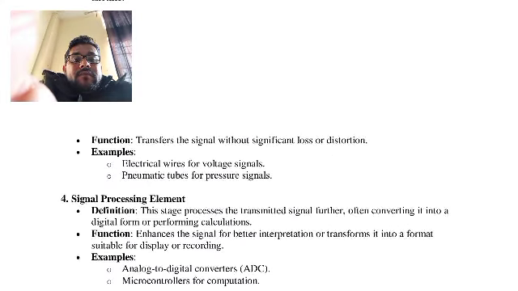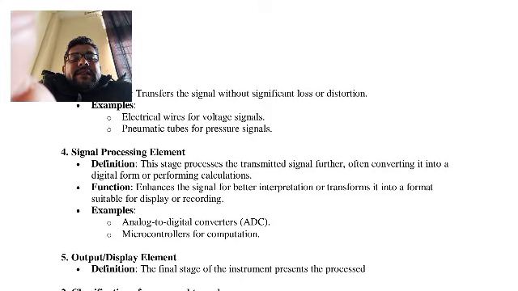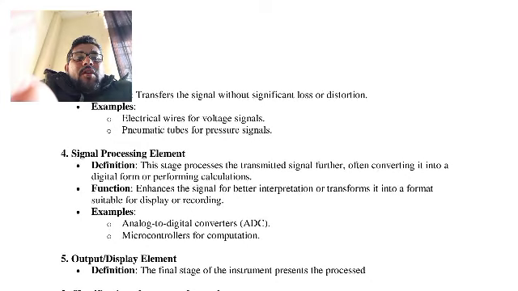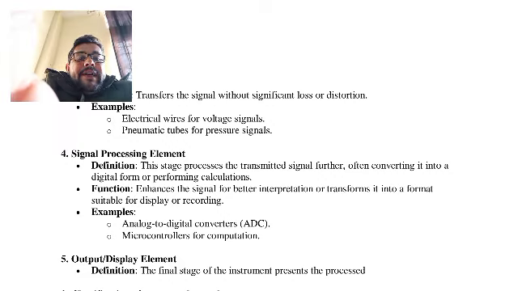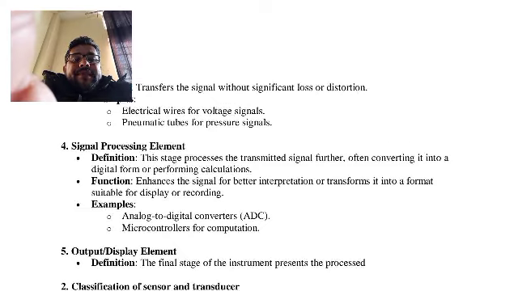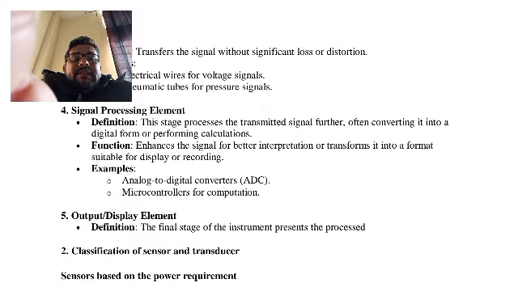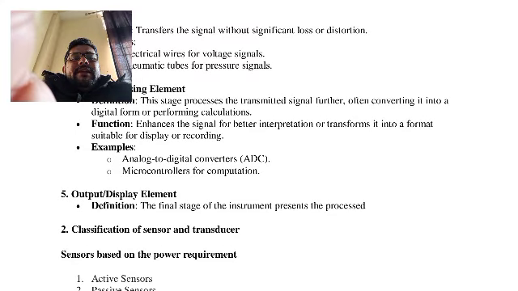Similarly, the signal processing element processes the transmitted signal further, often converting it into digital form or performing calculations. This enhances the signal for better interpretation in a usable format. The last step is the output display element, the final stage where the instrument presents and displays the processed unit.